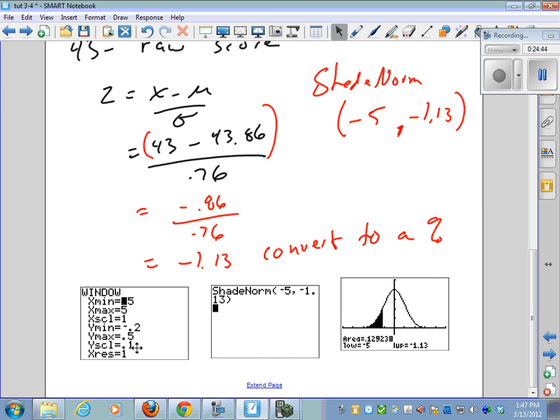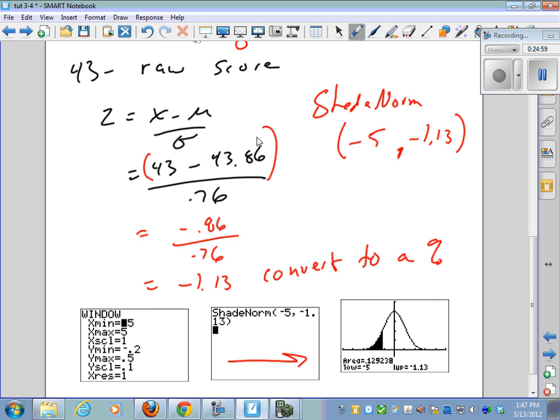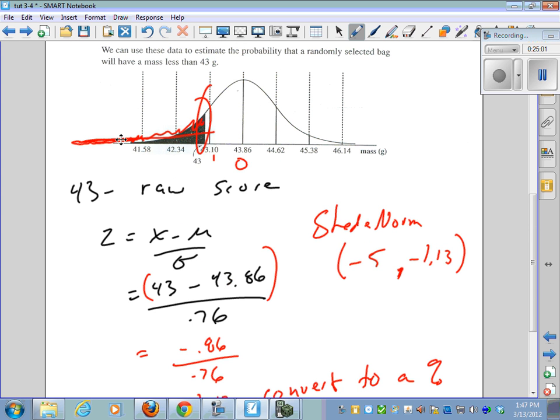Now, how do you decide what these shade norm values are? Shade norm always works from left to right. So you pick the smallest z-score that you have to shade from. Okay? You really should draw this picture too when you're doing these questions. Because I'm shading this area here, what's the left boundary? How far down does it go? -5.